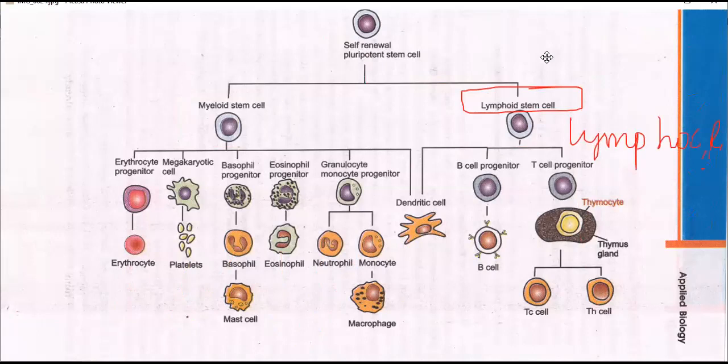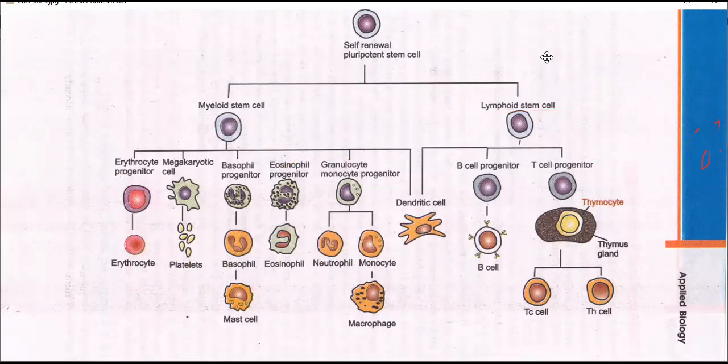The remaining, what remains? RBC and all granulocytes like acidophil, basophil, neutrophil, and monocytes, everything is formed from myeloid stem cell. Lymphoid stem cell forms lymphocytes only.